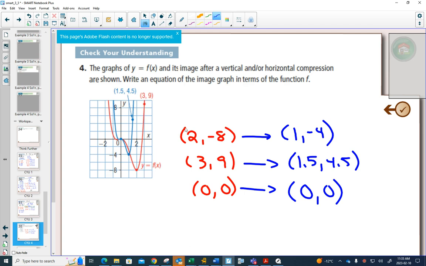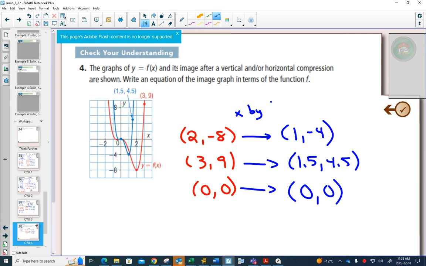So when working backwards, now we're writing out what we know and trying to work our way backwards to figure out what were other things that we wrote down when we figured it out forwards. What can I figure out now? Like, could you figure out what you need to write above the arrows? Look at our x values. X went from 2 to 1, from 3 to 1.5, and from 0 to 0. Is there something that you could say x was multiplied by to do that?